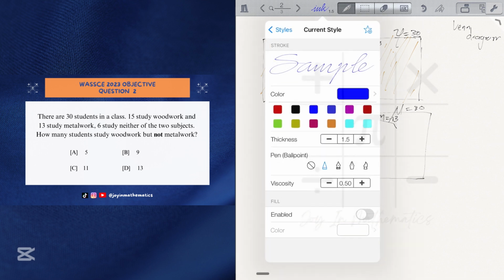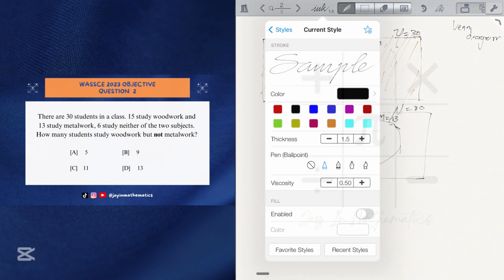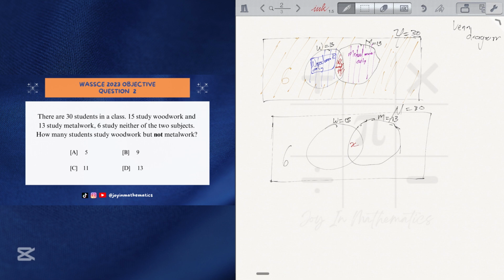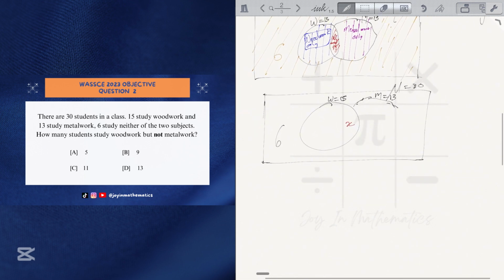Let's draw again. So we'll make the substitution x. Let's just draw this again.